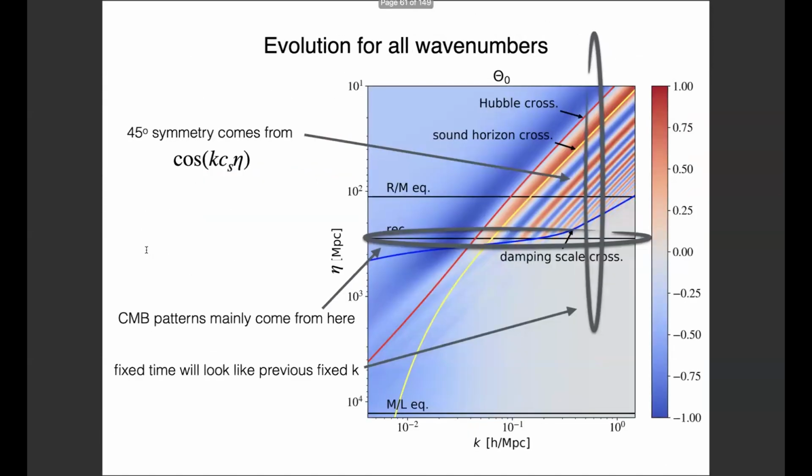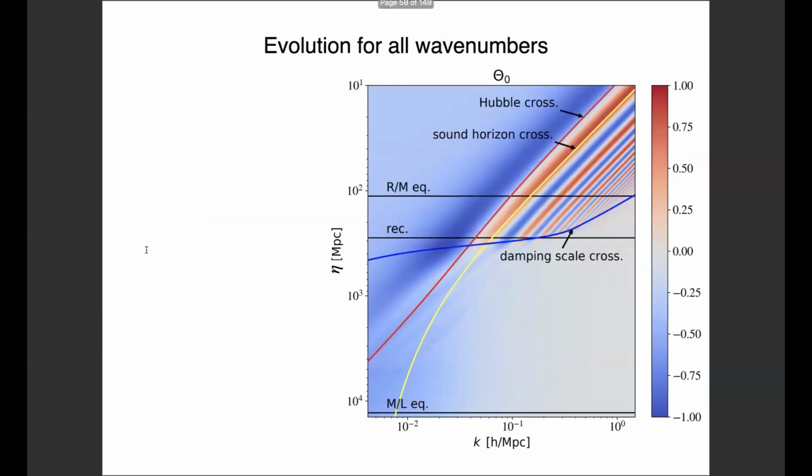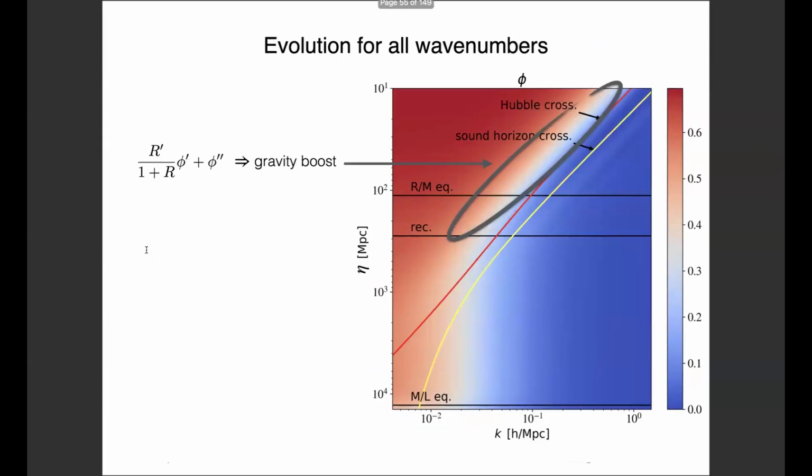The gravity boost slide was here. You get a gravity boost when you approach the Hubble crossing line during radiation domination. At the beginning of matter domination, there is still a bit of gravity boost, but then it fades away.